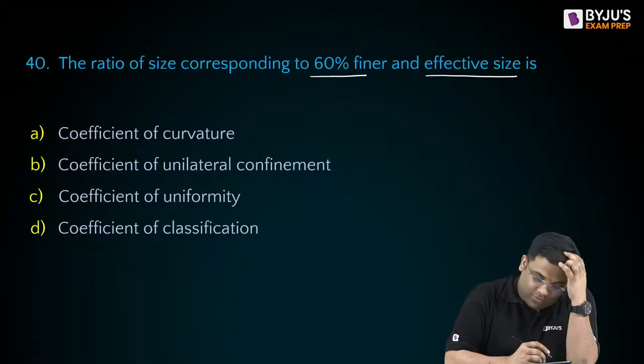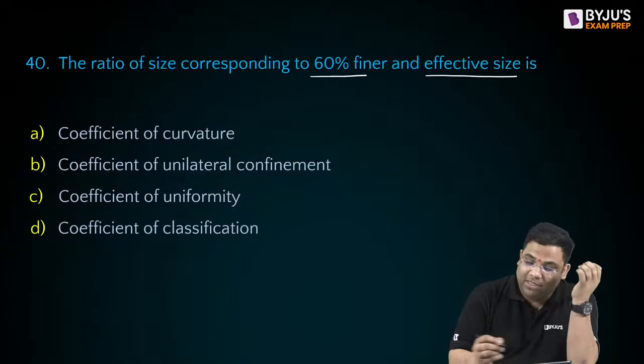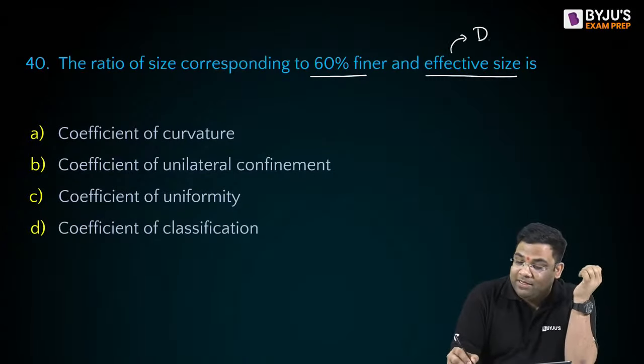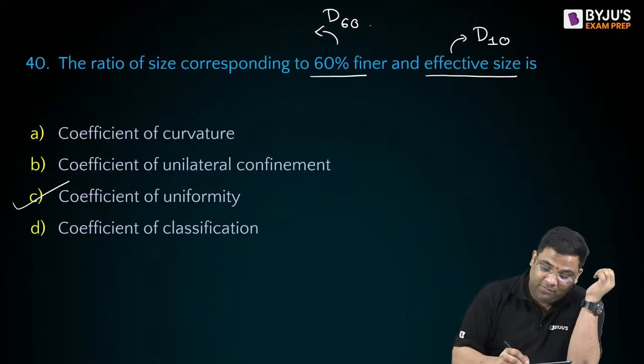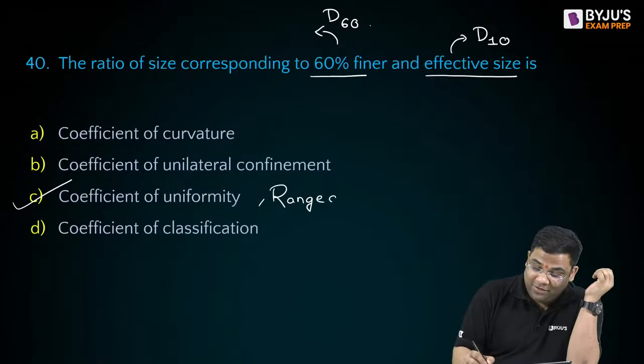C. Very good. You should remember this: effective size is nothing but D10 and this is D60. The ratio of this is the coefficient of uniformity. It is also the range of size, right? We have discussed that before.